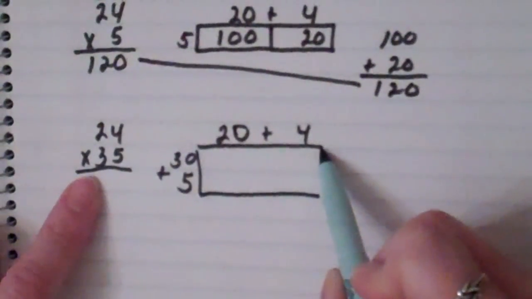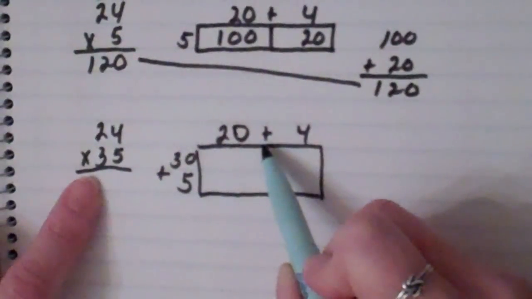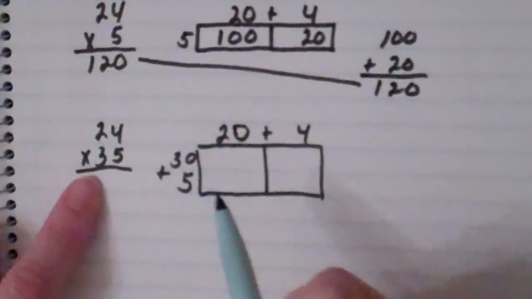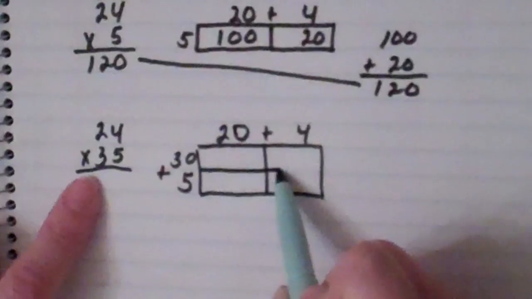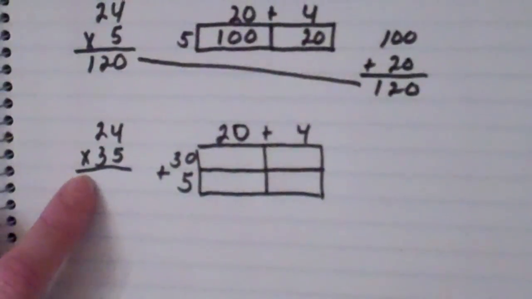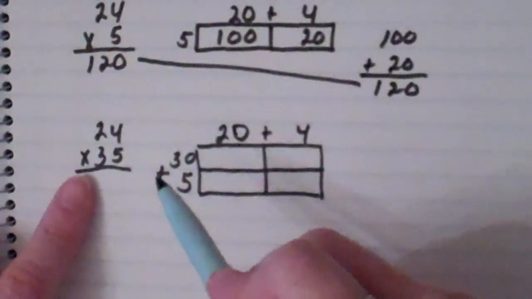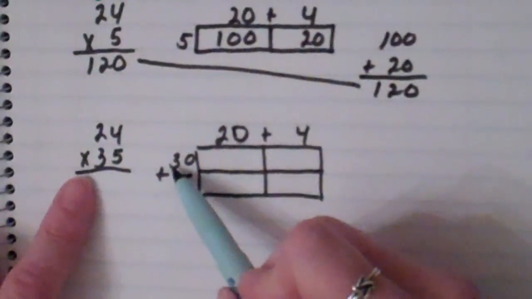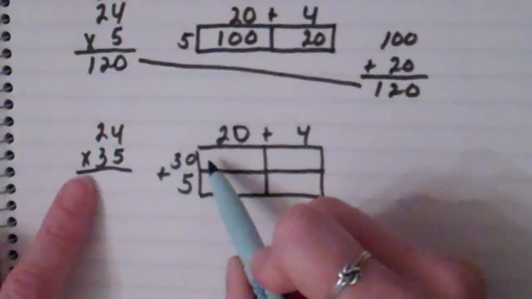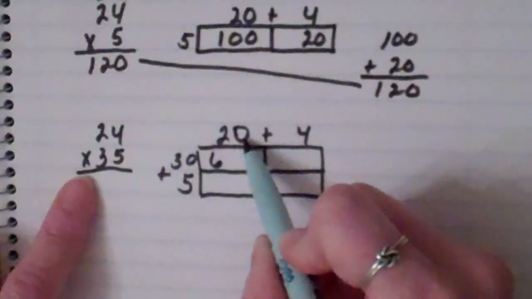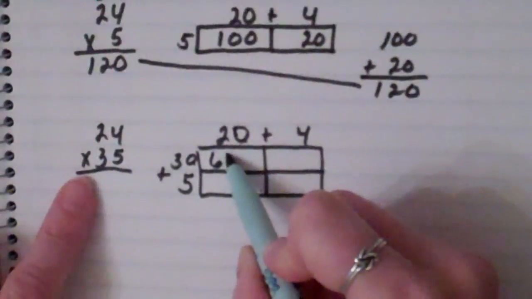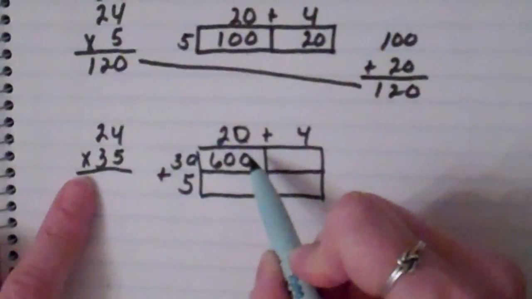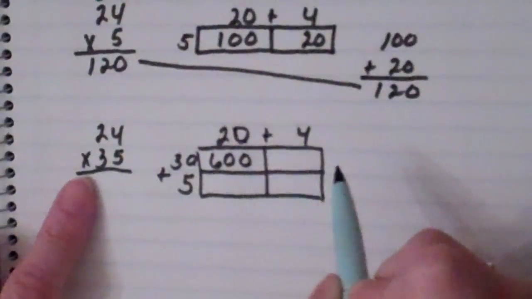I'll draw in the rest of our rectangle, and where there's a plus sign is where we're going to divide our rectangle for the partial products. Using the basic facts, I know 30 times 20, the basic fact is 3 times 2, and that's 6. And we have 2 zeros, so I need to put those 2 zeros in because of my patterns of zeros for multiplying.